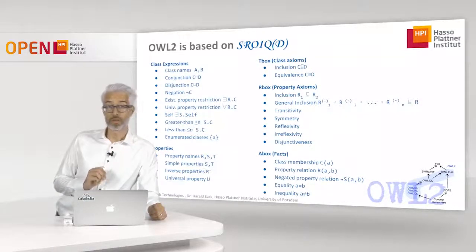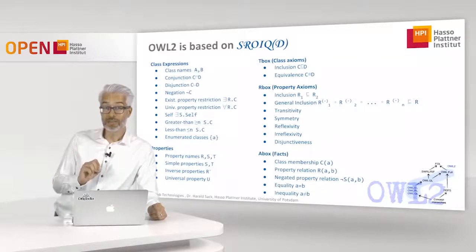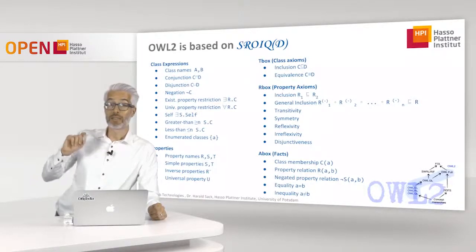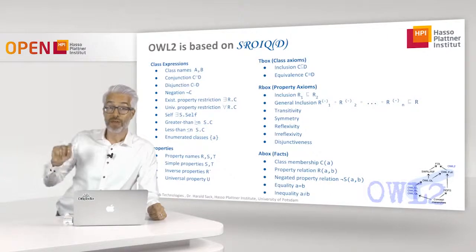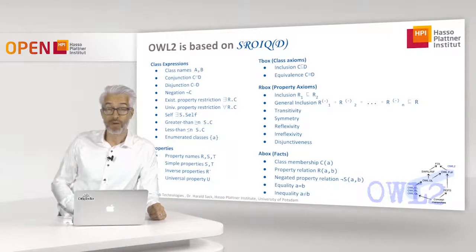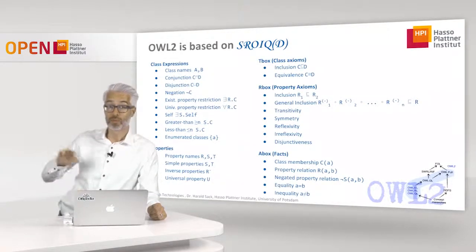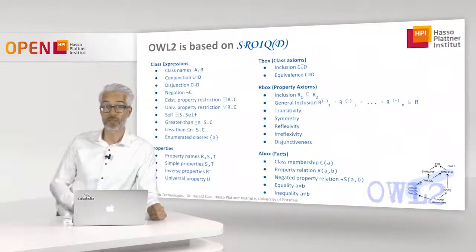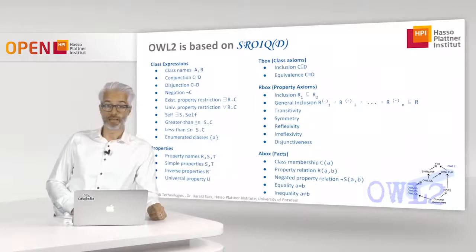So for example, you can define an uncle simply by stating that the uncle is nothing else but the brother of my father or the brother of one of my parents. So you have parents and brother as two properties, and out of that you can form a complex property. So this is general class inclusion.